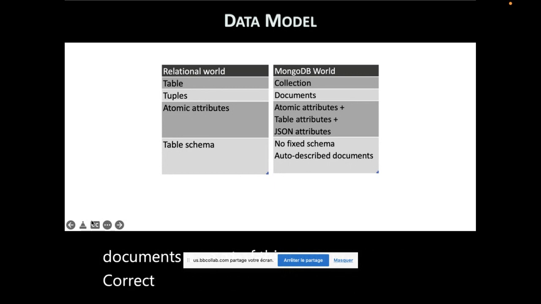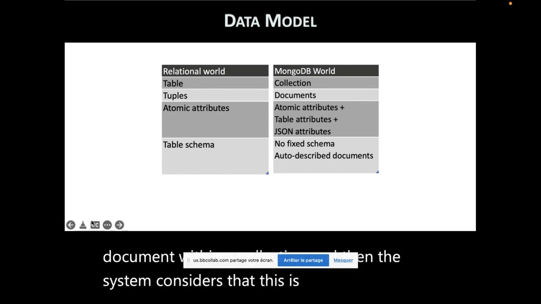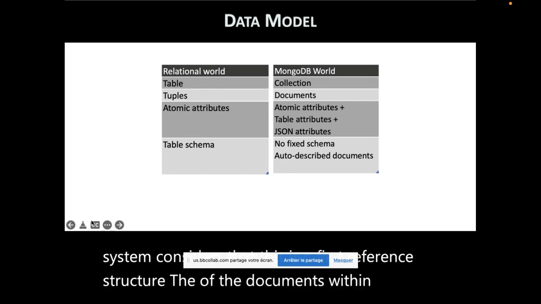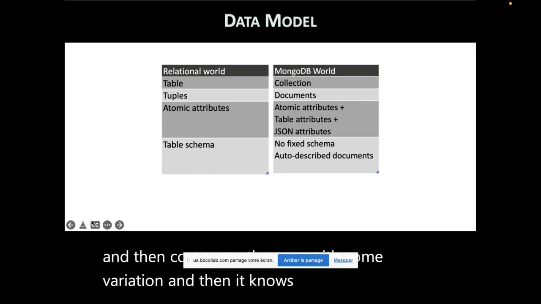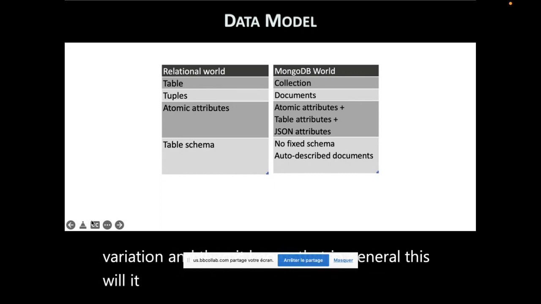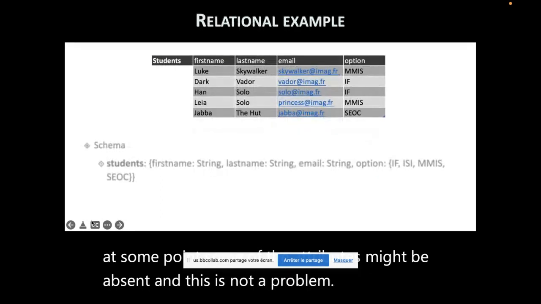So comes a first document within a collection, and then the system considers that this is a first reference structure of the documents within a collection. And then comes another one with some variation, and then it knows that in general, this will be represented by some structure, but at some point, some of the attributes might be absent, and this is not a problem.